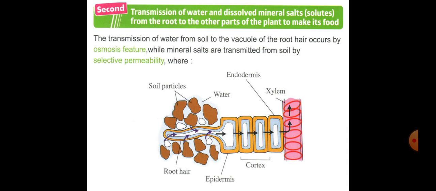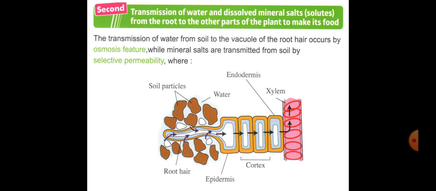Okay, let's now talk about the transmission of water and dissolved mineral salts from the roots to the other parts of the plant to make its food. We talked about how the mineral salts and the water are transported from the soil to the root hair.